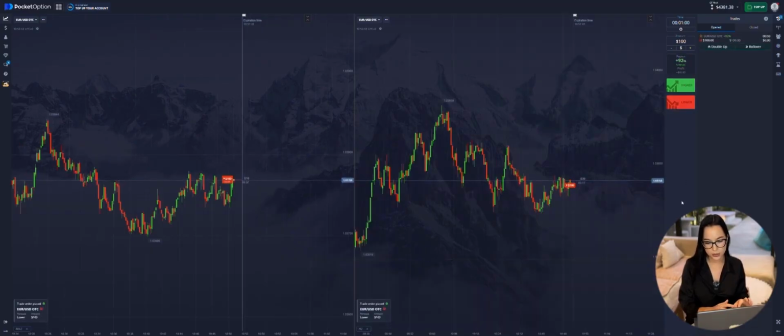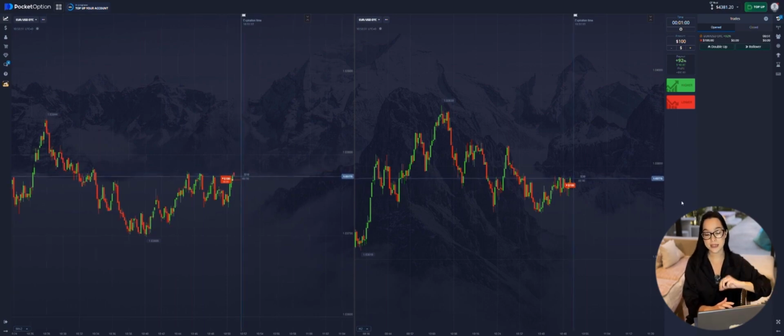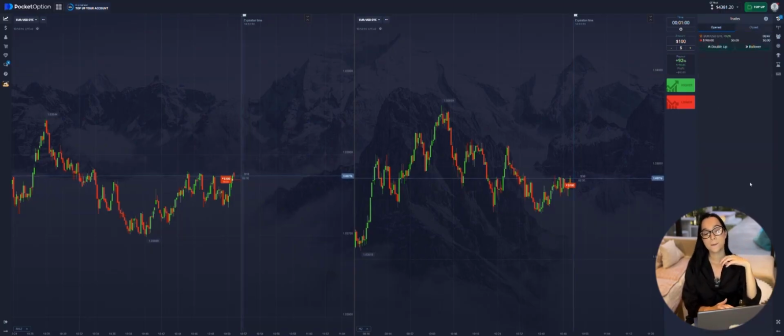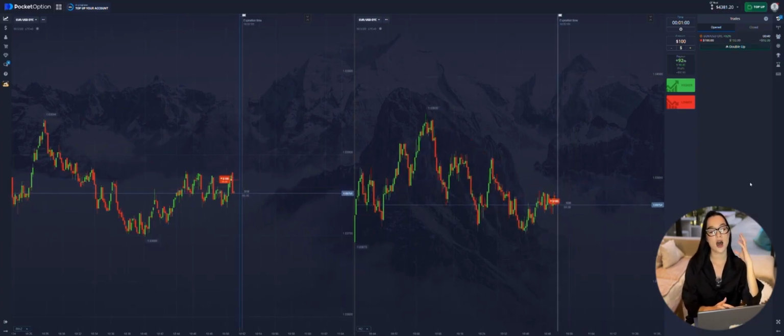And here I open a trade for $100 down for 1 minute. Not putting all of your capital in the same asset reduces the possibility of substantial losses. Selecting what proportion of your capital to devote to each asset or group of assets is called asset allocation.